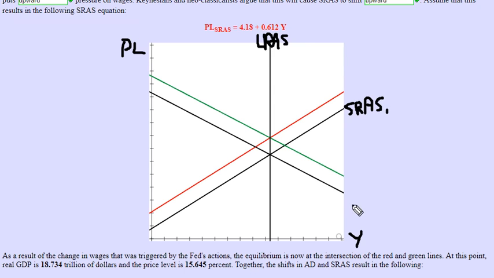I'll just call it short run aggregate supply 1. We got aggregate demand from scenario 1. And then we have short run aggregate supply from scenario 3. Here's the equilibrium for scenario 3. Then we have the equilibrium from scenario 1.